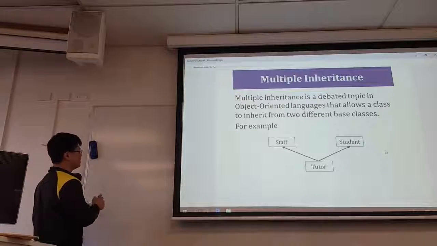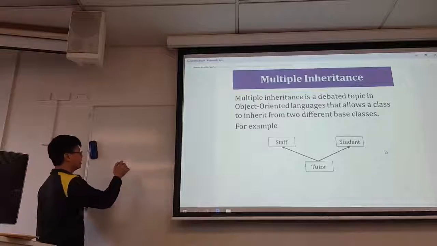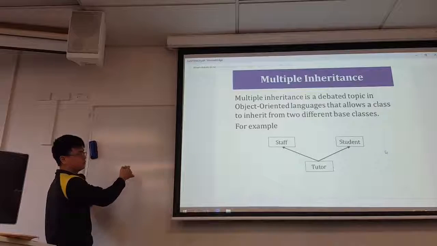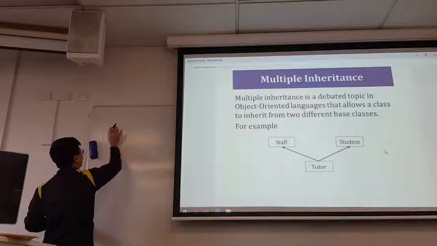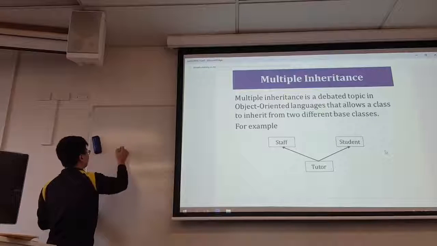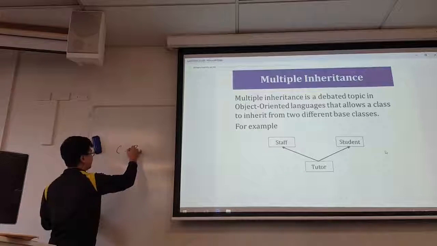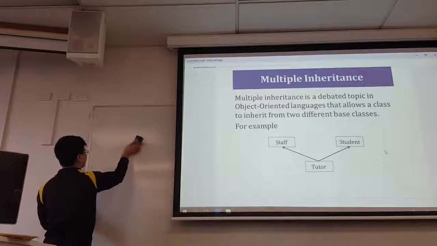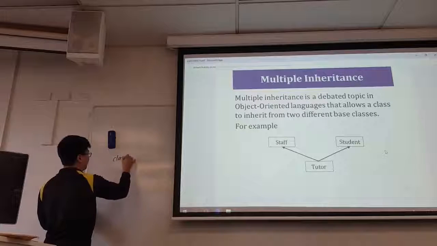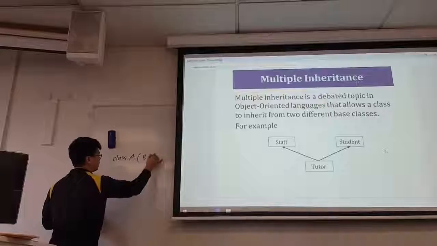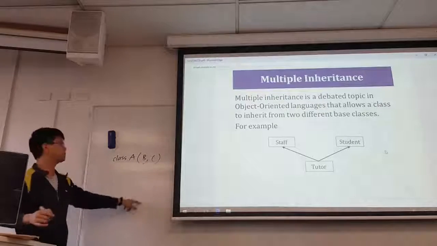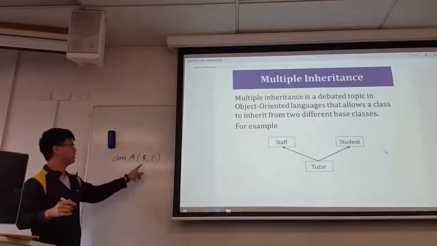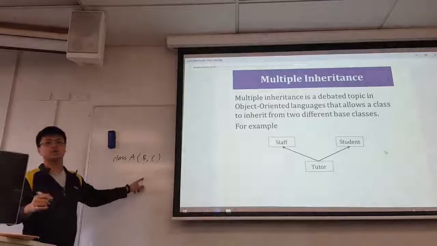In Python, at least you can do that, but the first class will always be given precedence. This is a little bit off topic, but so that you understand: in Python, we can do class A(B, C). B is the first base class, C is the second base class, and if there is any conflict between them, B will be given precedence.